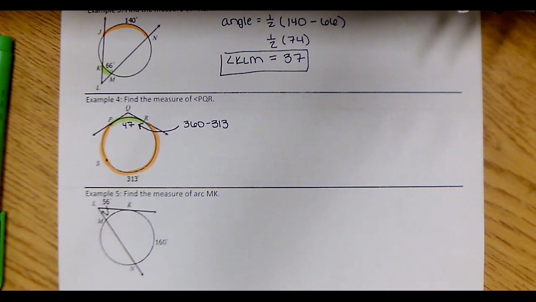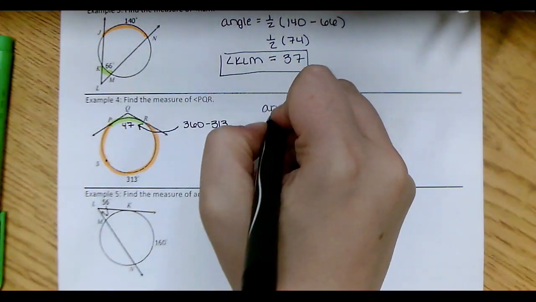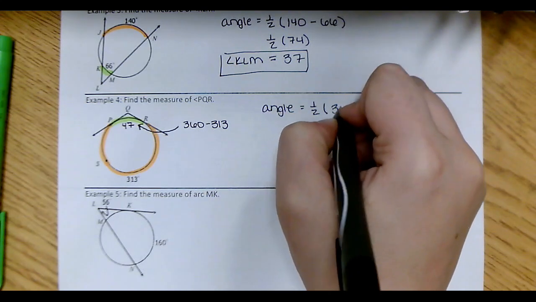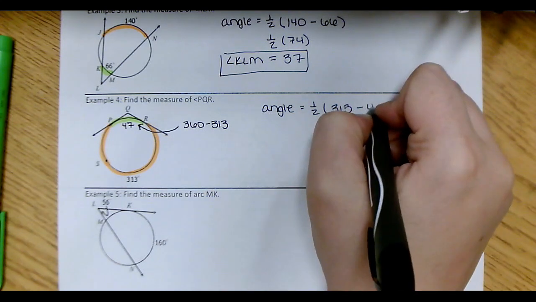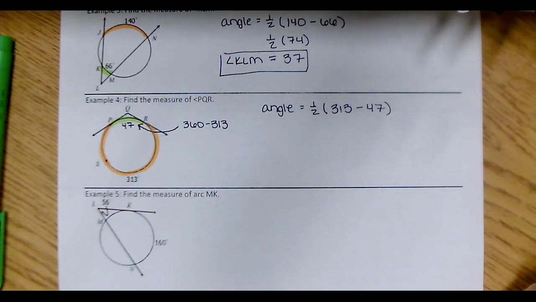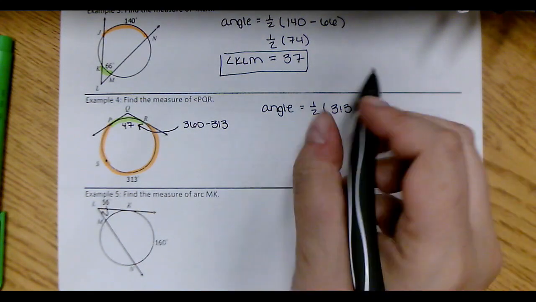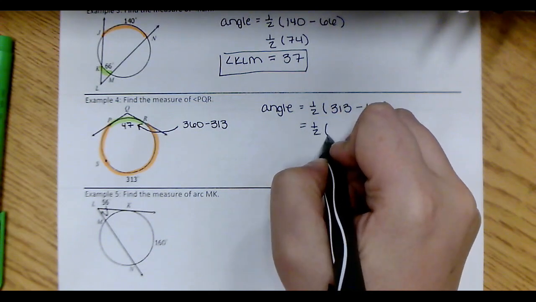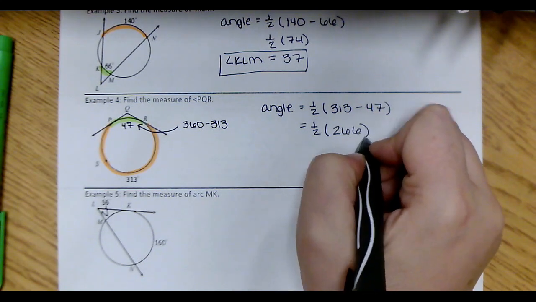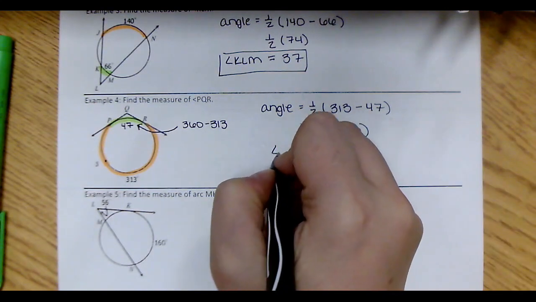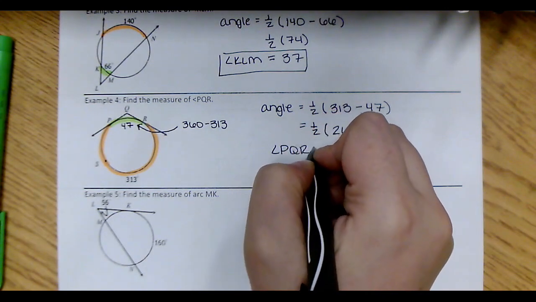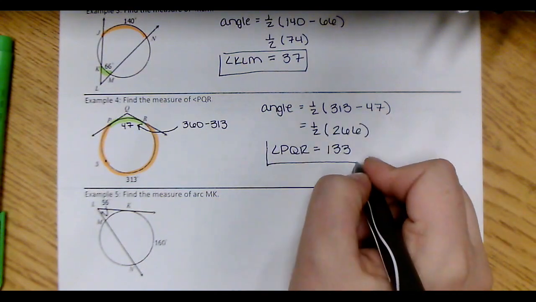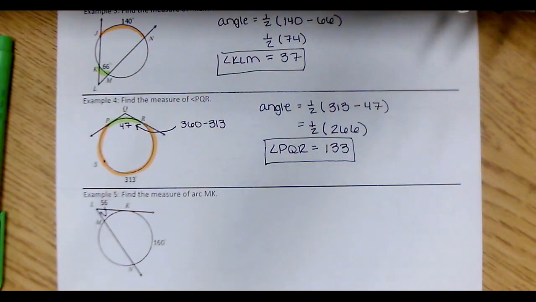And now we have both of our arcs, so we know that our angle is 1/2 times the big arc, which is 313, minus the little arc, which is 47. So once again, we're going to go ahead and subtract those. So 313 minus 47 is 266, and half of that is going to give us a value of 133 for our angle PQR.